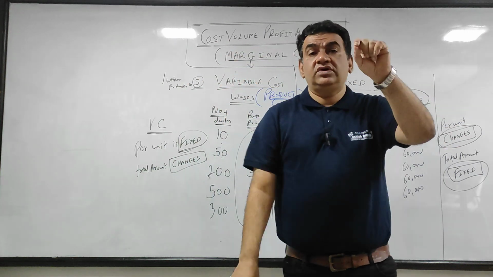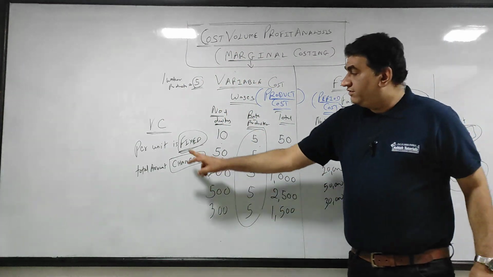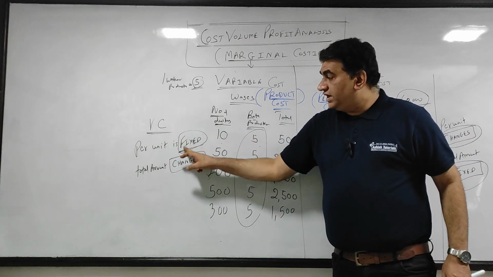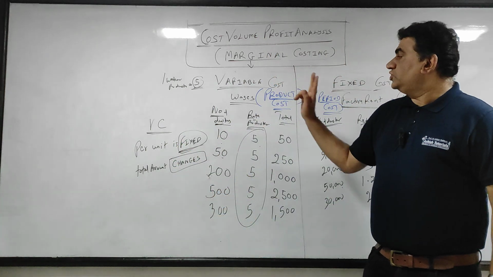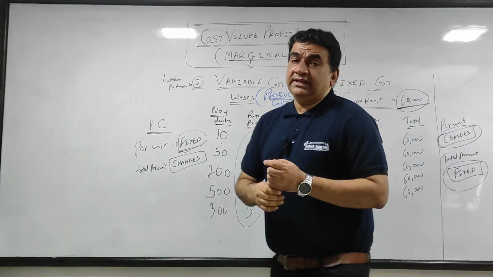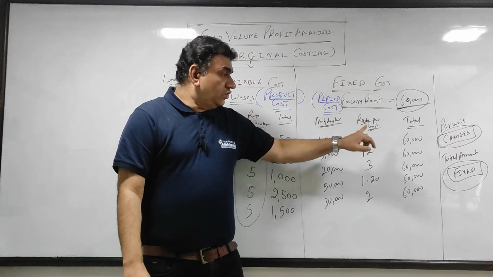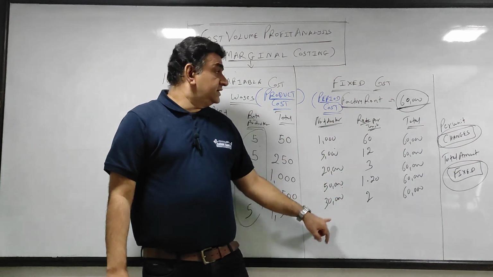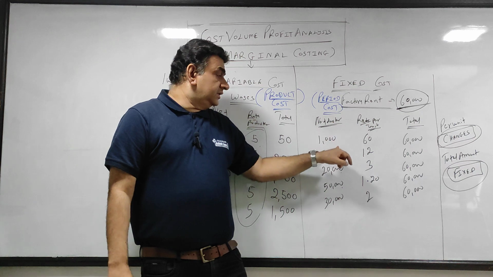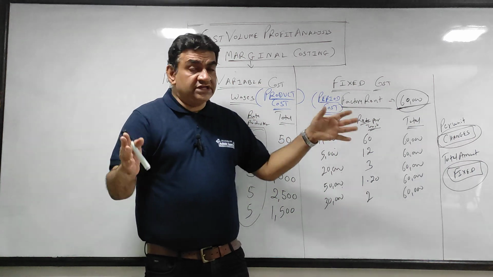Got it? Before I take the next part, I'll brush up again. Variable cost per unit is fixed, total amount changes. It is also called product cost. In case of fixed cost, total amount remains the same, per unit changes, and the alternate name for this is period cost.